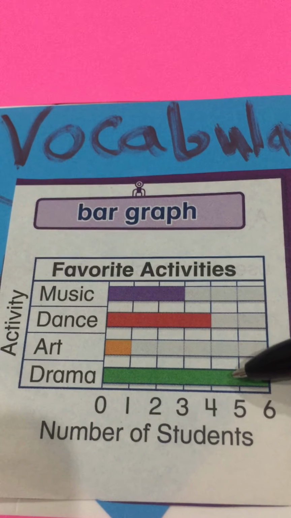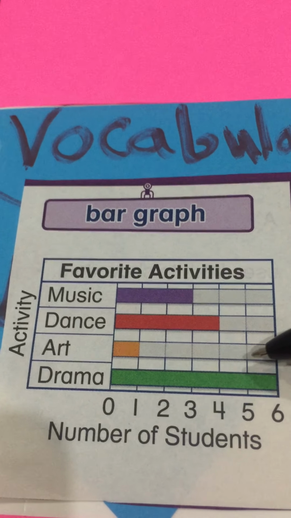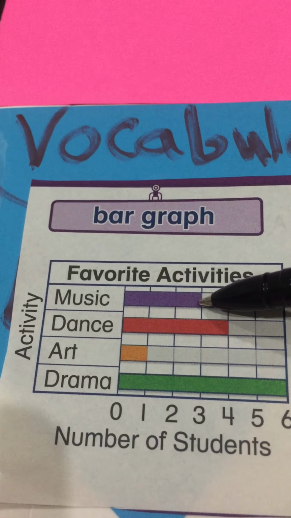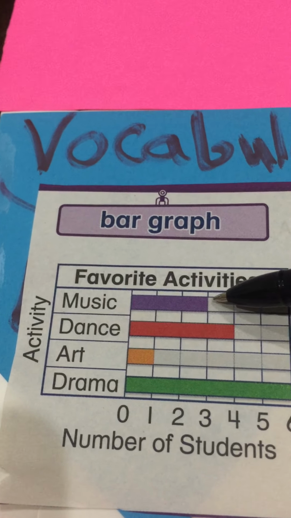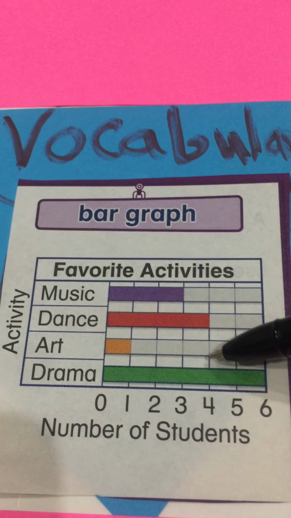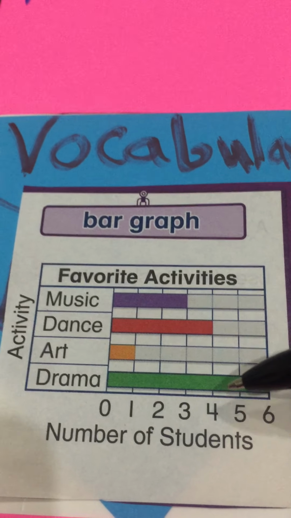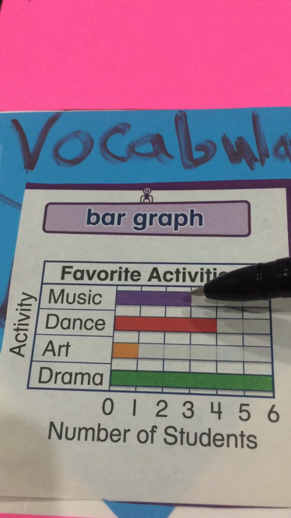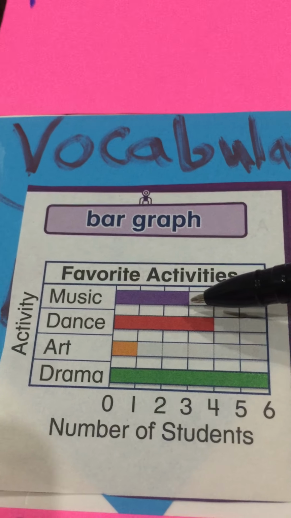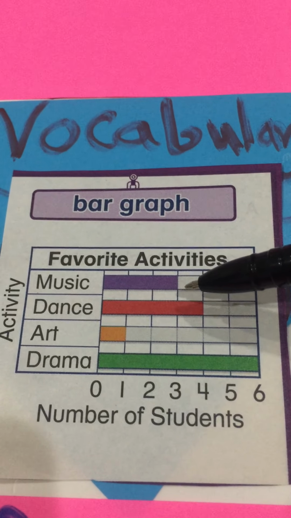If you look at this purple, it ends in a specific number, and the red ends in a specific number. So the bar will show us how much or how frequently our data is represented.